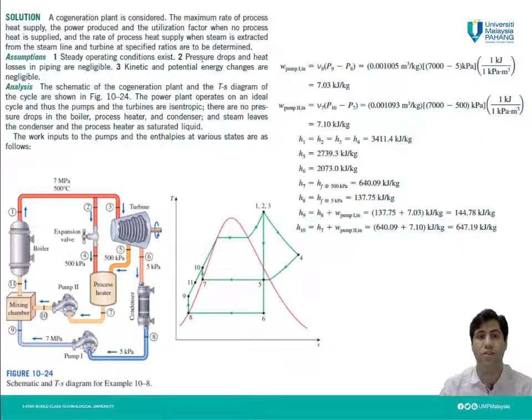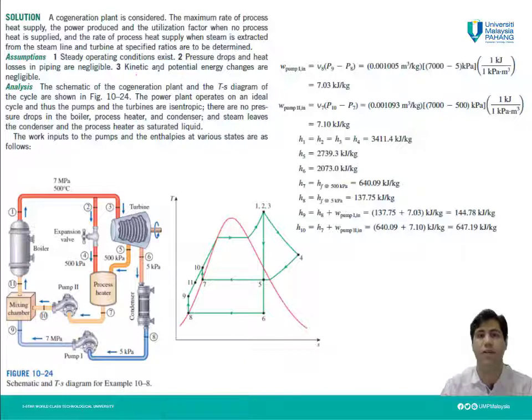Assumption number 2, pressure drops and heat losses in piping are negligible. We should have this assumption to be able to solve this problem. Without this, it will be very complicated to exactly find the loss, and it is also according to the question instruction.